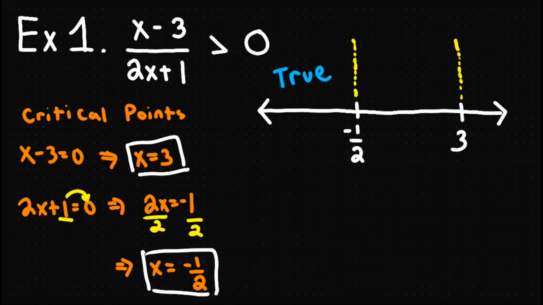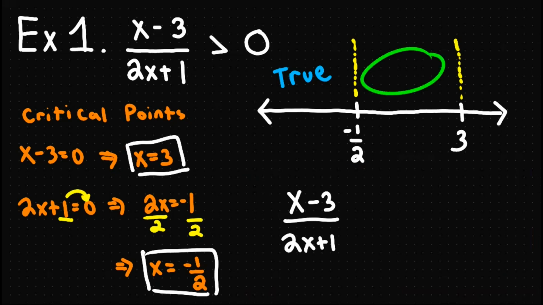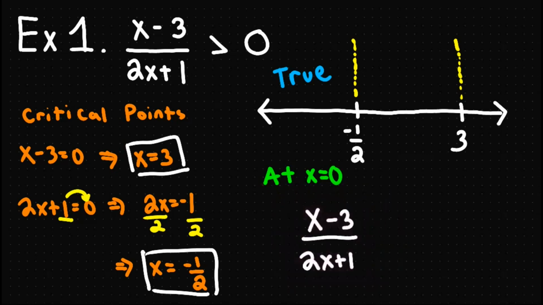Next one. Oops. I also erased the given. There. Now let's try out at this region in the middle. Since we have a negative and a positive value out here, then we know that 0 lies somewhere in the middle. So let us use that as our test value for the middle region. So at x equals 0, 0 minus 3 will give us negative 3, so that will be a negative value.